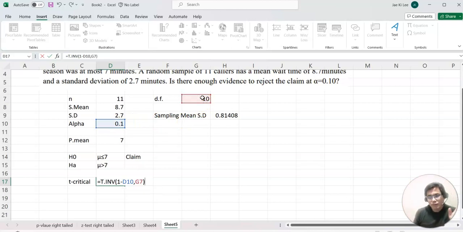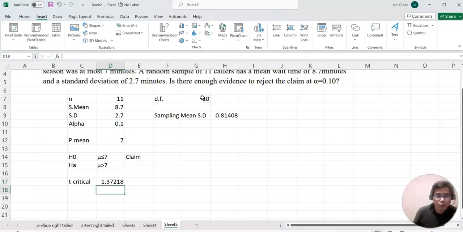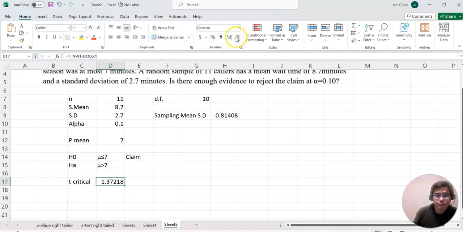So unlike the normal curve, in the t case you need to input the probability with the degrees of freedom. Then we got 1.37. I'm rounding to the hundredths digit so that we can see better.